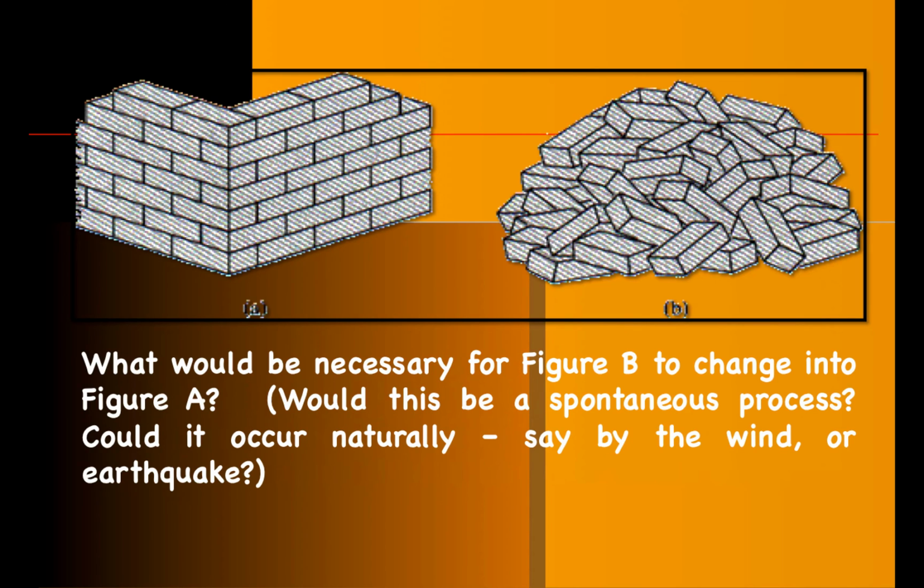What would be necessary for figure B to change into figure A? Would that be a spontaneous process? Could it occur naturally, say by the wind or an earthquake?